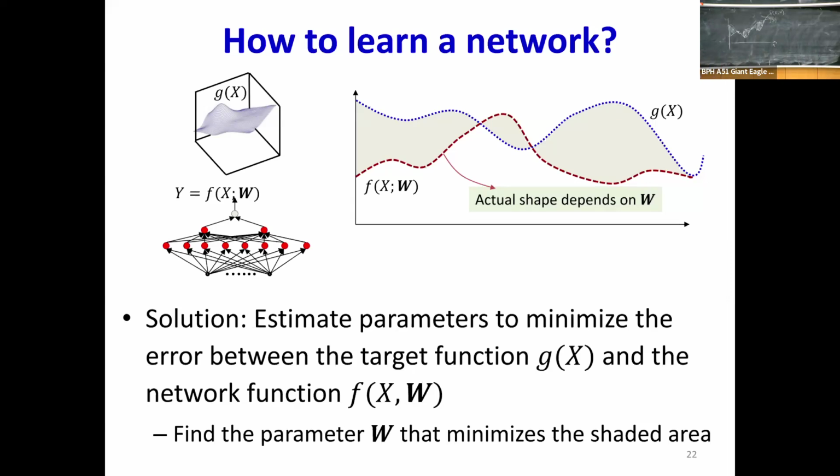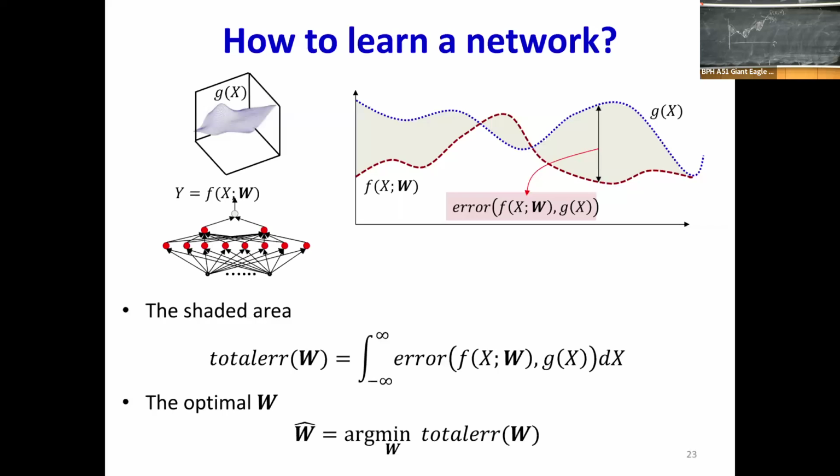Any questions? Right. Now, in order for me to be able to specify this, I need to have a way of quantifying this area. In order to quantify the area, I first need to define an error, which quantifies the gap between what the network currently computes and what you want it to compute.